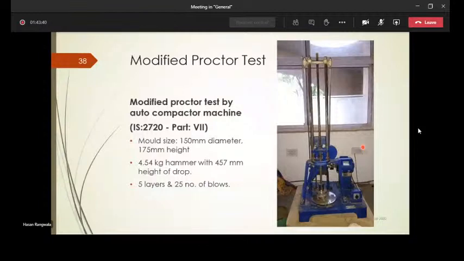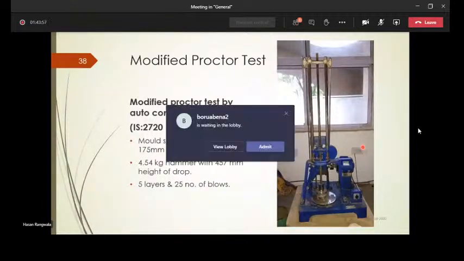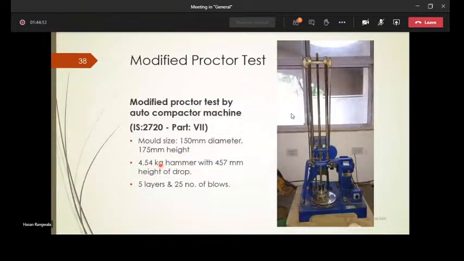What is the difference between the modified Proctor test and the standard Proctor test? One is surely the mold size, where we use the larger mold. In the standard Proctor test, we use a 125 mm height and 100 mm diameter sample, while in the modified Proctor we use 150 mm diameter and 175 mm height, and the hammer weight and drop of the hammer are also increased. Here a 4.5 kg hammer has been used in the standard Proctor, as in the earlier research that we have studied.